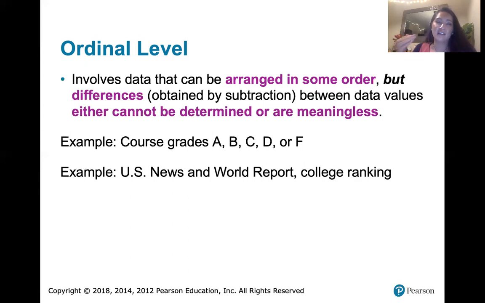I mean, if you looked at the 90th school versus the 180th school, is that the same difference as rank 1 versus rank 91? The differences really don't make any sense. So we can arrange those schools in some order, but subtracting the rankings doesn't make sense. So that is ordinal level of measurement. So whenever you hear ordinal, think of order. If you can put it in order, but it doesn't make sense to subtract them, then it's ordinal level.